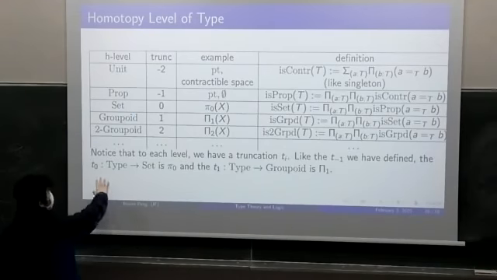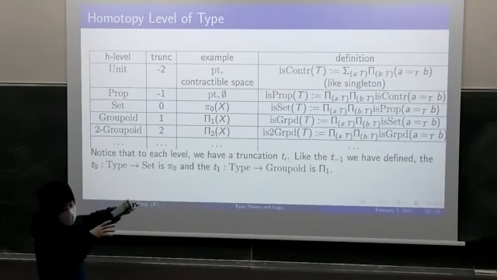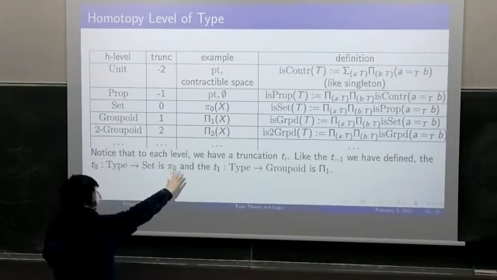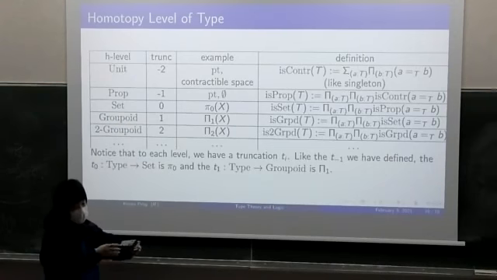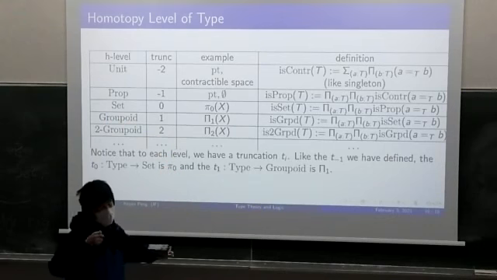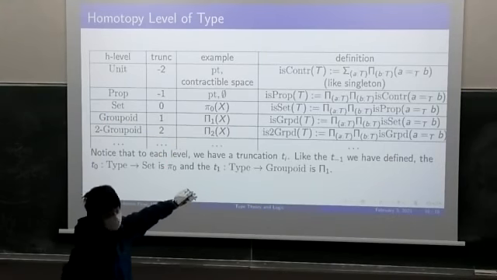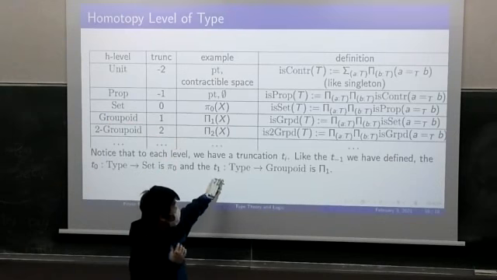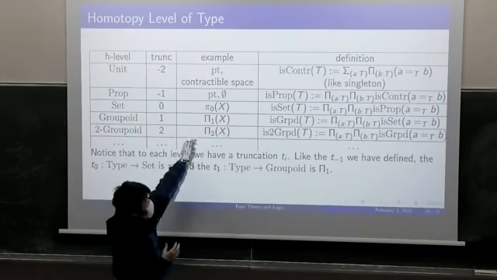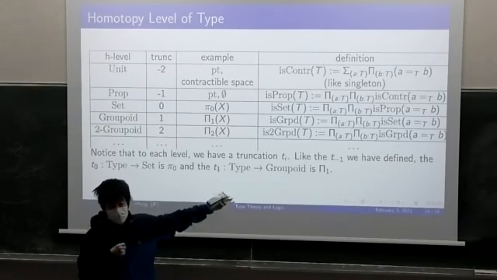But we can also define the T0, so we put the type or space to a set. The pi zero, take the connected components, we just shrink the connected parts. We get a set. And as we defined last week, the fundamental groupoid, so we get a groupoid. So it's truncating to level 1.